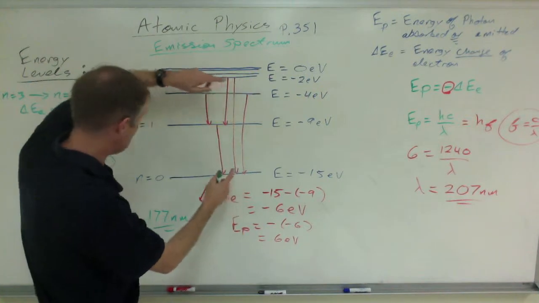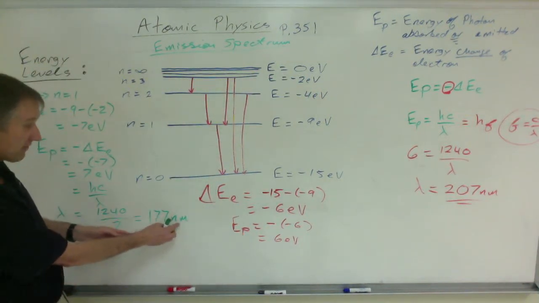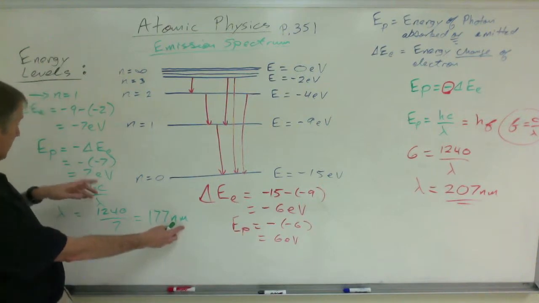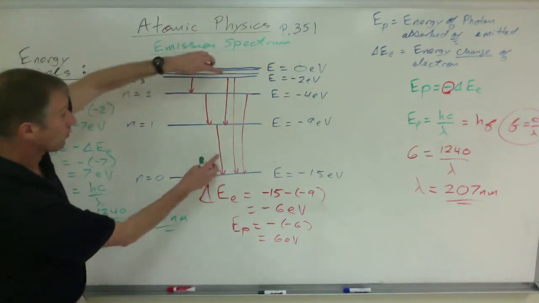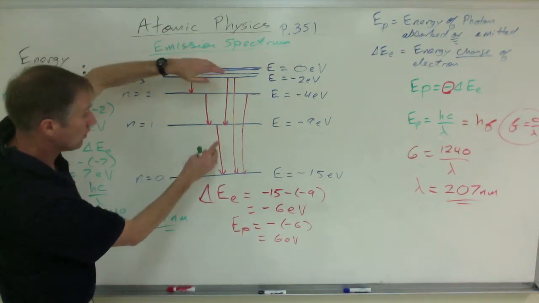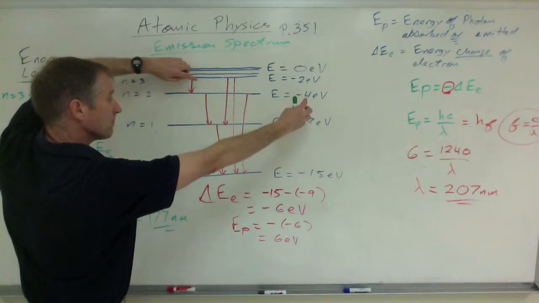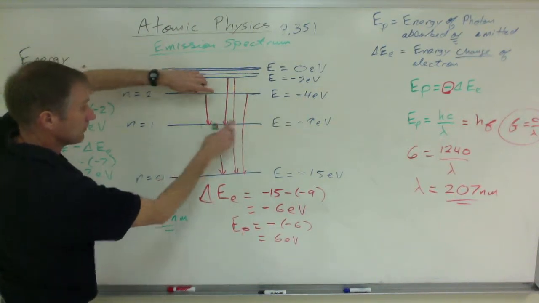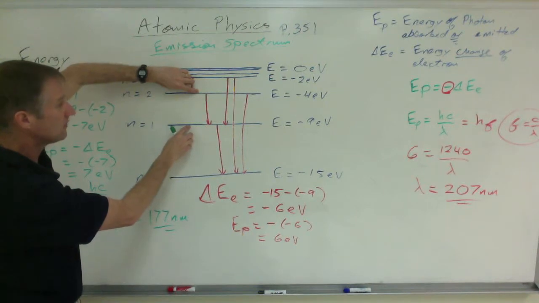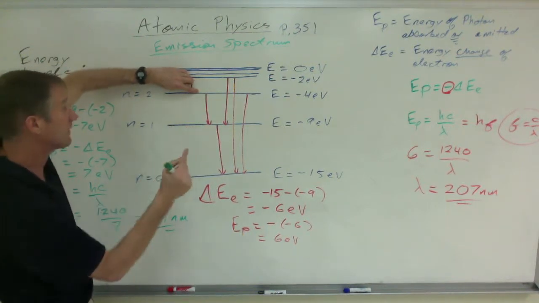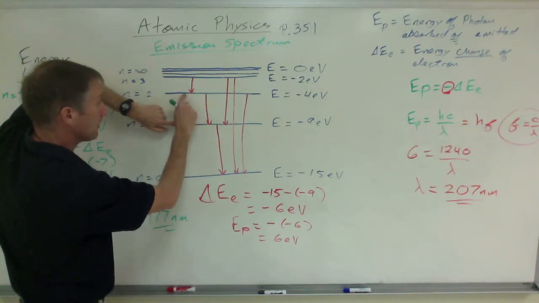You also wouldn't see any photon that had a wavelength of 177 nanometers, an energy of 7 electron volts, because that's absorbed here. You also wouldn't see anything with 5 electron volts, from 4 to 9, because that would be absorbed by any electron that's right here, causing it to jump up to here.